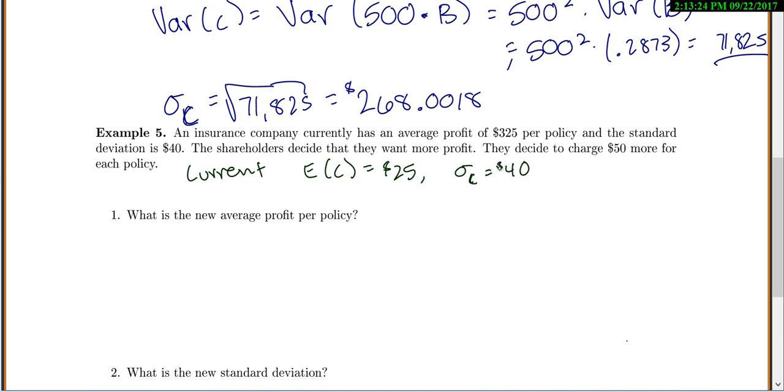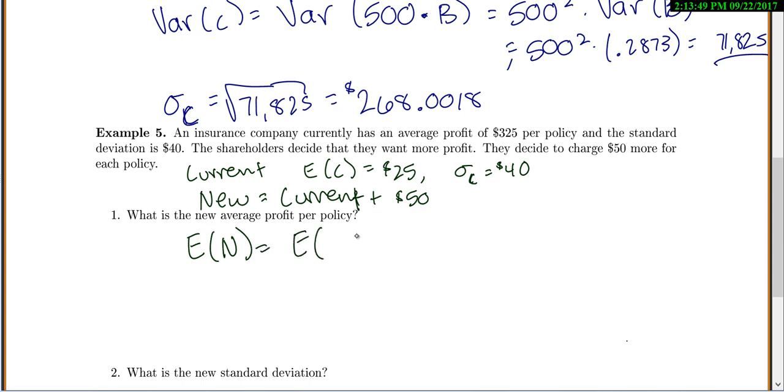They decide to charge $50 more for each policy. So basically we're taking each policy and just adding $50. So our new one is just going to be our current plus 50. So what is the new average per policy? The expected value for the new is just the expected value of the current plus 50.